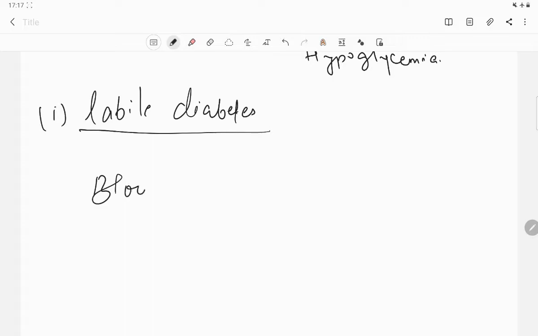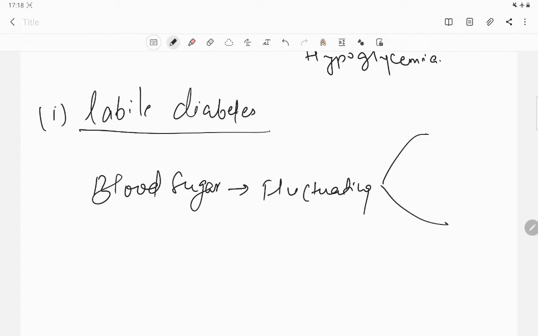The blood sugar of this person is fluctuating. Sometimes it's high, sometimes it's low, and when it's high, the diabetes will get controlled with insulin, but when it's low, insulin will further decrease the blood sugar and cause hypoglycemia.